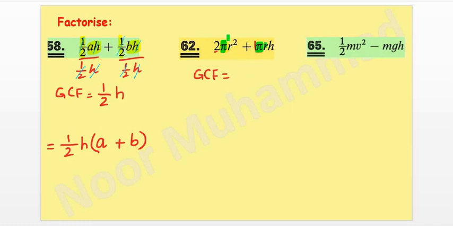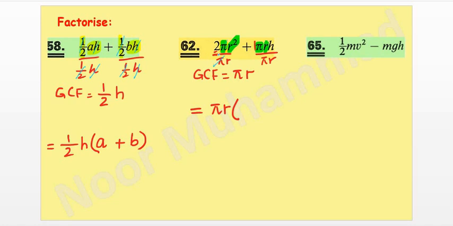And when I compare the r and the r, so r squared and r, r will be the GCF. So you can say pi and r is the GCF. So divide this term by pi and r, and divide this term by pi and r. Now how will you write the factors? So pi r will be the first factor, and now let's check what the other factor is.